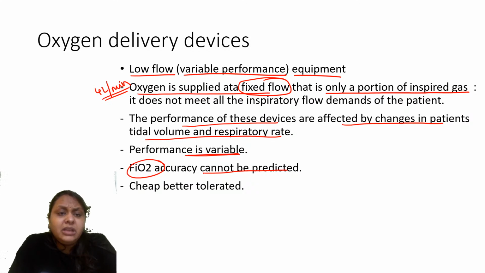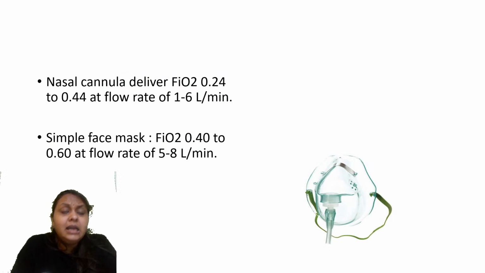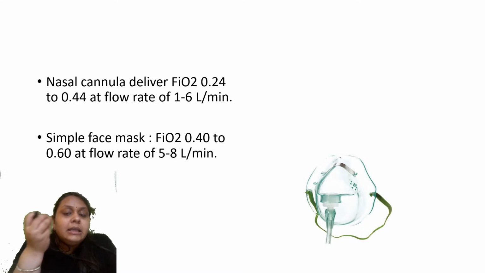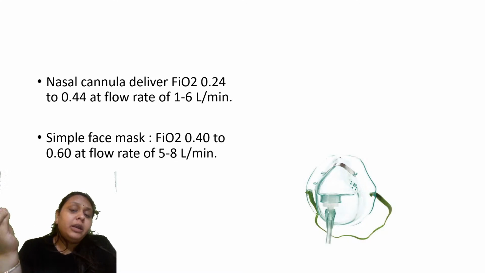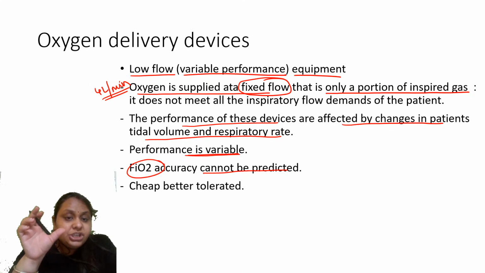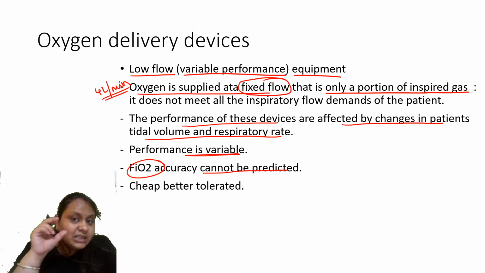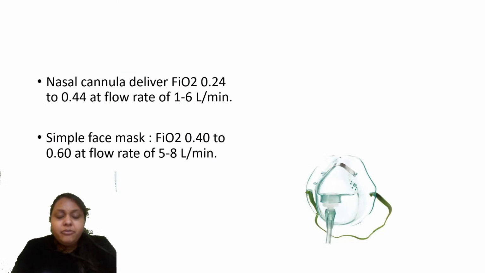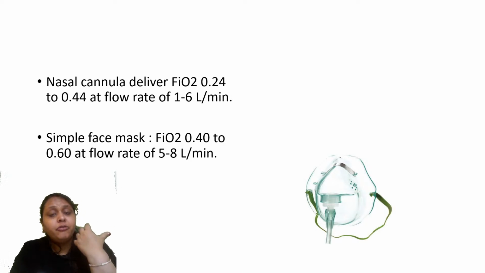An example of these oxygen delivery devices is the nasal cannula. In nasal cannula, for example, we open it at 2 liters per minute. The oxygen supply is at a fixed flow, but that 2 liters per minute is not able to meet the full oxygen demand of the patient.